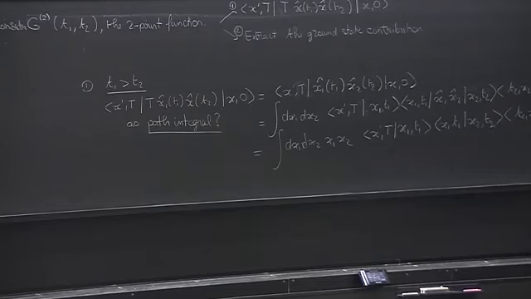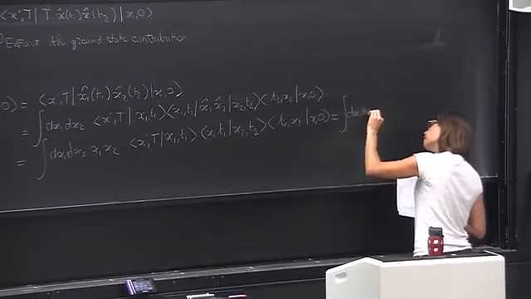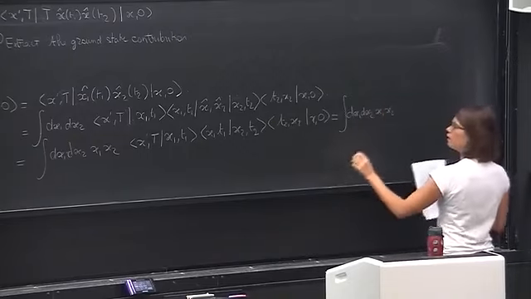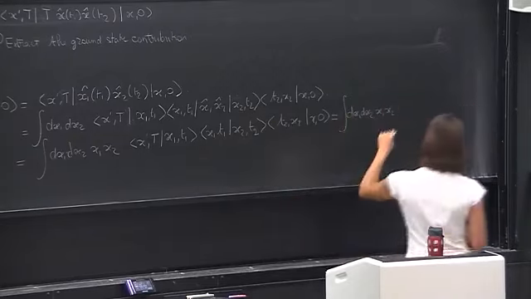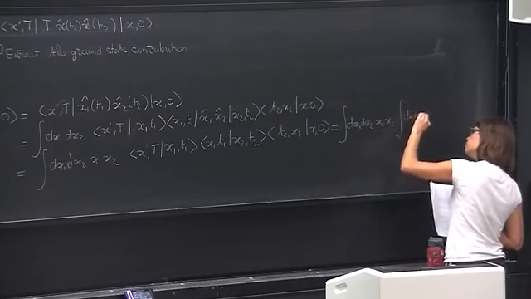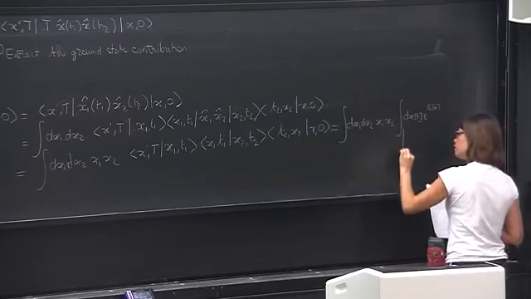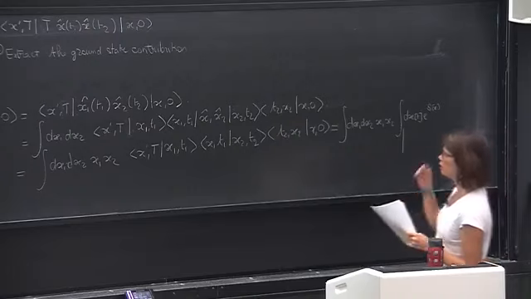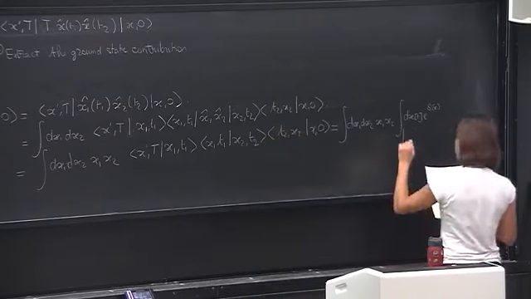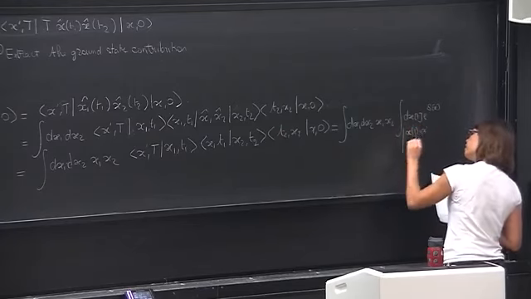I'm just using the previous result, and so what do I get here? x1, x2, and then I'm going to get, so this gives me the first path integral. Where here, what are the boundary conditions? The condition on my path is that x of t is equal to x prime.